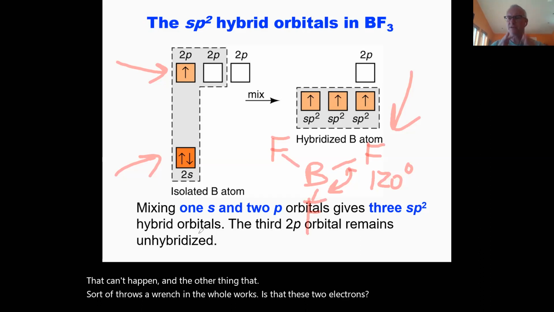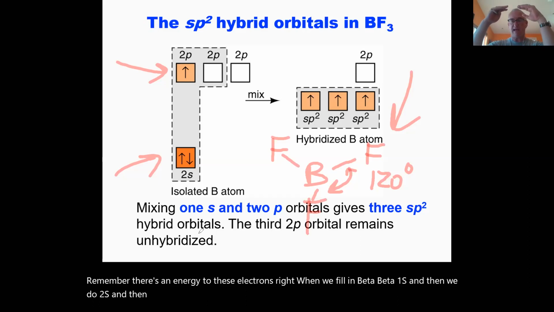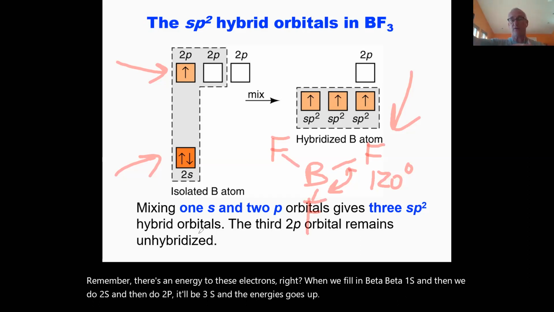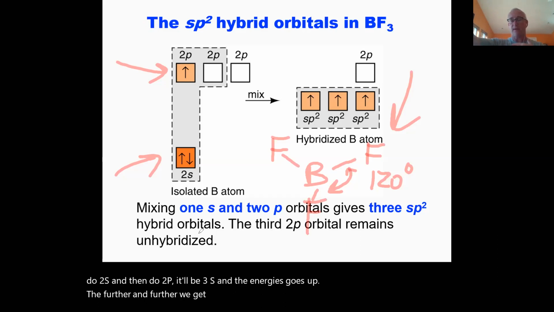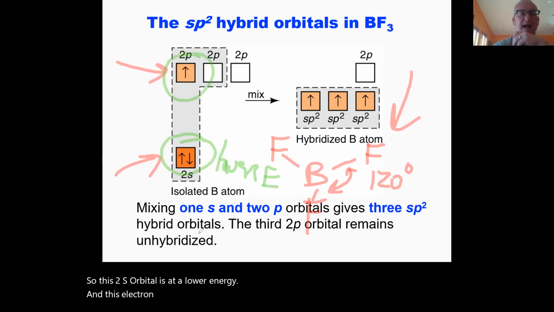We remember there's an energy to these electrons, right? When we fill in, we do 1s, and then 2s, and then 2p, and then 3s, and the energy goes up the further we get away from the nucleus. So this 2s orbital is at a lower energy, and this electron by itself is at a higher energy.